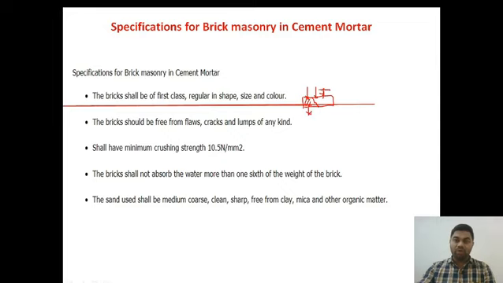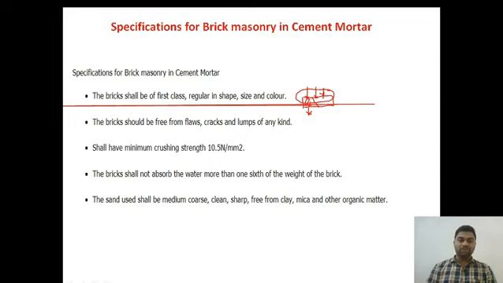So there is no uniform distribution of the load on the total brick if there are flaws, cracks or any lumps in the bricks. Brick shall have a minimum crushing strength of 10.5 Newton per mm square.